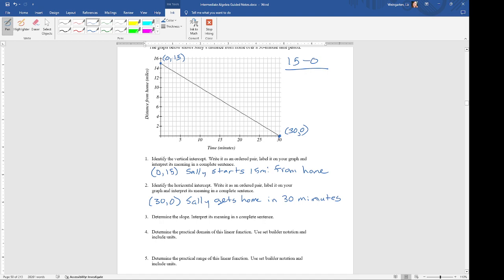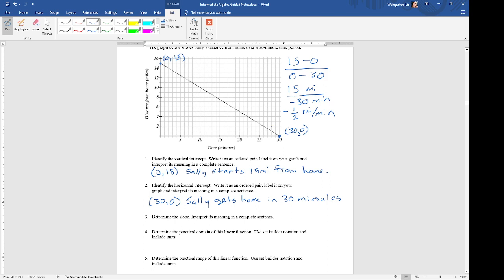I started with 15, so I have to start with 0 minus 30. So we get 15 miles over negative 30 minutes. We can simplify this, and we get negative 1/2 miles per minute.